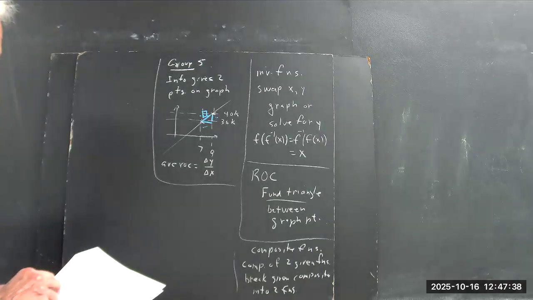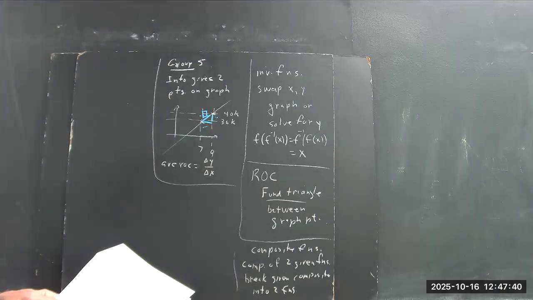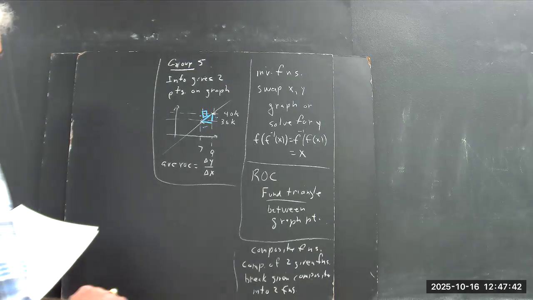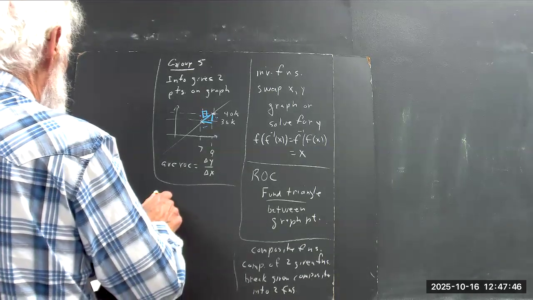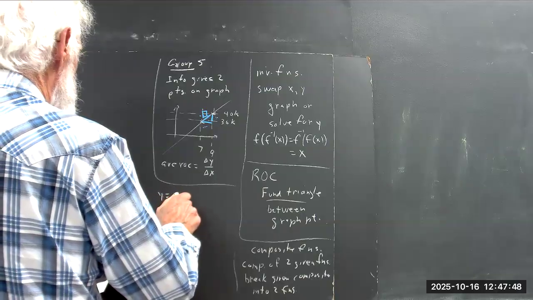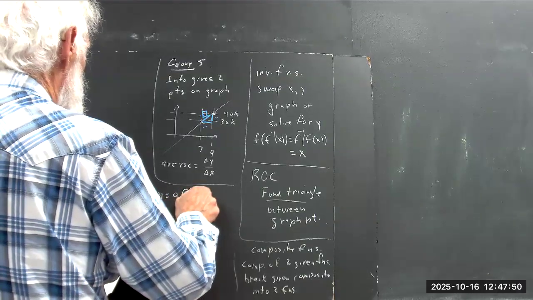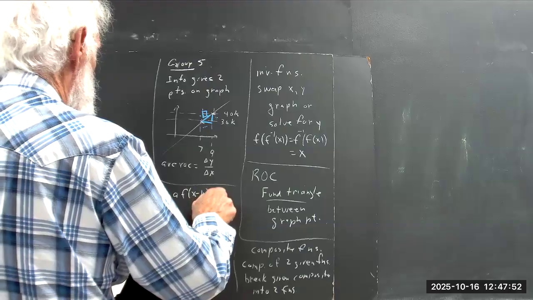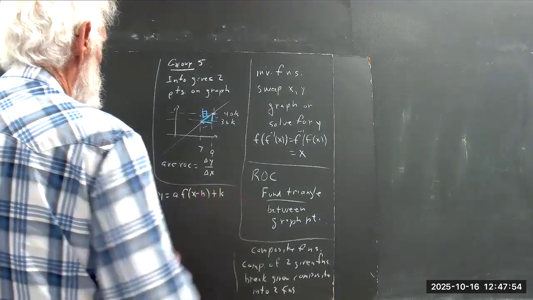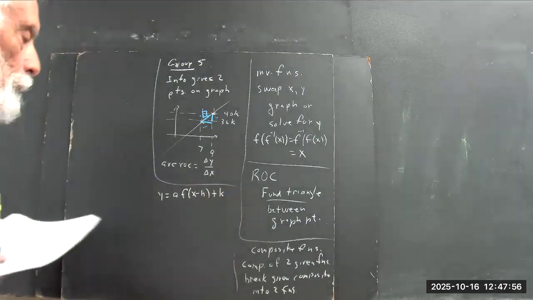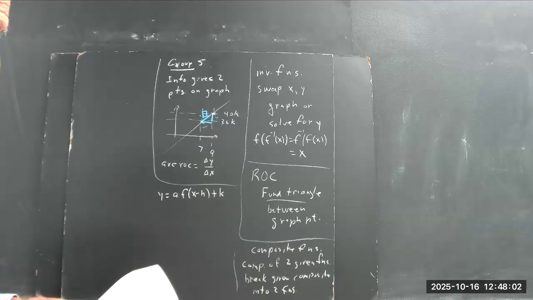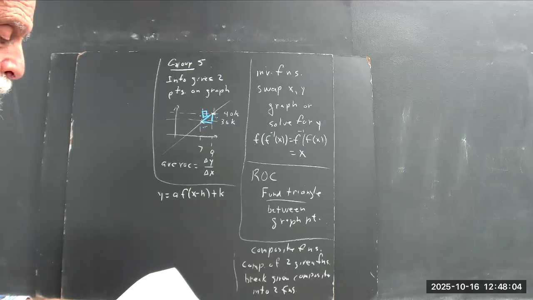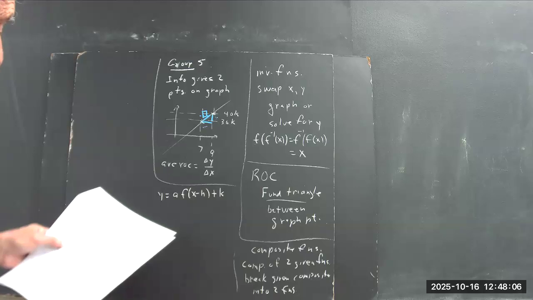And then a note could be the reciprocal or the exponential function. Be able to construct the toolkit shape. Okay. And then transform.